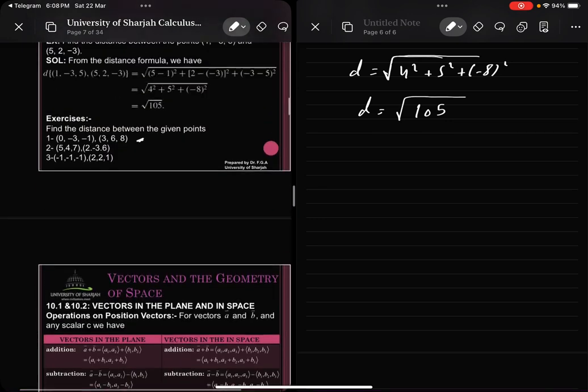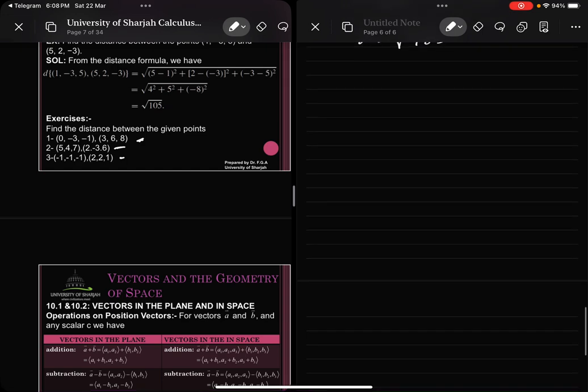And we can find this the same way. So for example 1, it will be (0, negative 3, negative 1) and (3, 6, 8). We want to find the distance. It will be the root of (3 minus 0) squared plus (6 minus negative 3) squared plus (8 minus negative 1) squared.